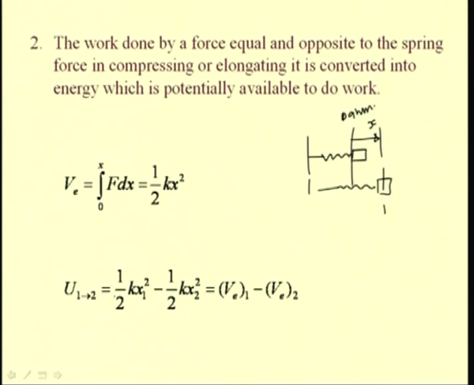So, now the work done between say two positions 1 and 2, for these two positions it is equal to half k x1 square minus half k x2 square, which is equal to the potential energy because of this elastic force for the position 1 minus the potential energy of this elastic force for this position 2.